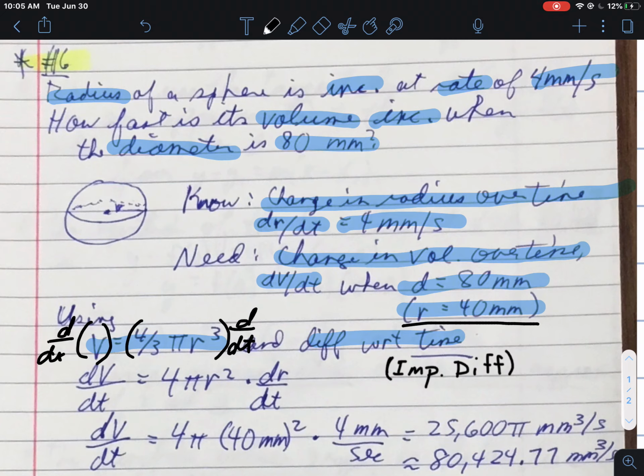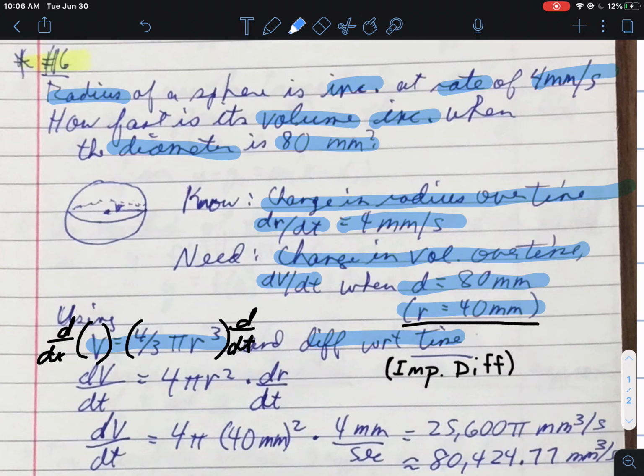The only variable on the right side of this equation is r, the radius. Pi is a constant. 4/3 is a constant. So when I differentiate 4/3 pi r cubed, that's a basic power rule. That's all that is. 4/3 pi is a constant, call it your coefficient of r cubed. So it's 3 times 4/3 pi, which will knock out the 3, leaves me with 4 pi r squared.